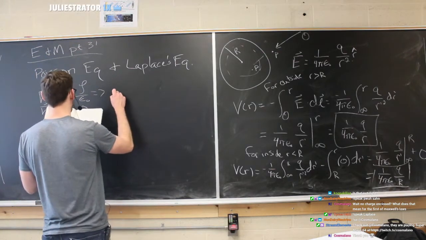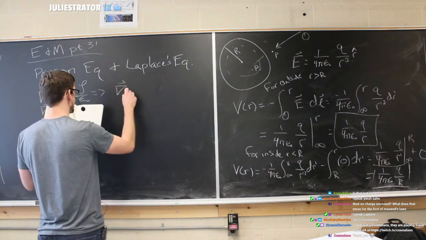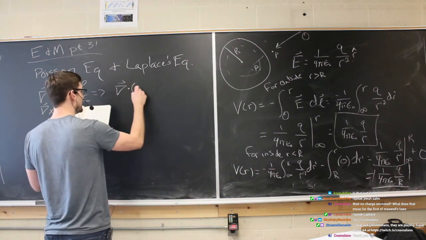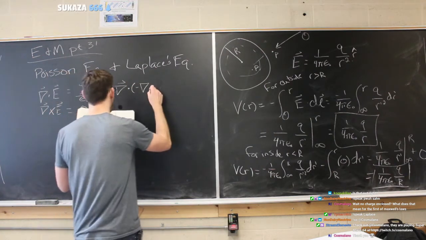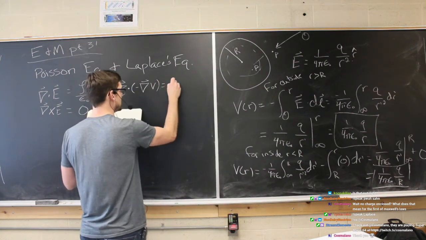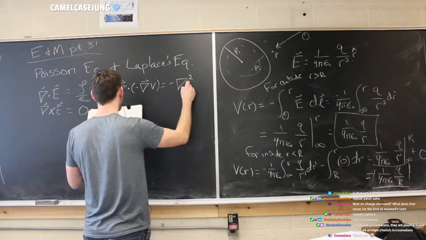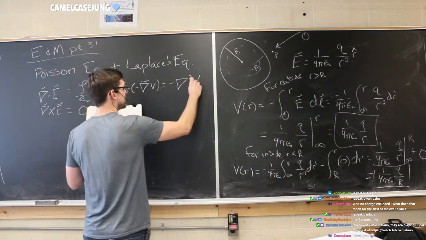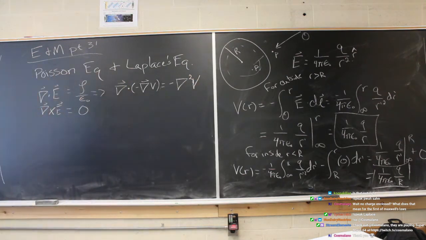Let's say we want to take the divergence of the negative gradient of V. That's going to equal negative, surprise, a Laplacian, right? We have the dot product of the gradients times V, and that's a Laplacian.